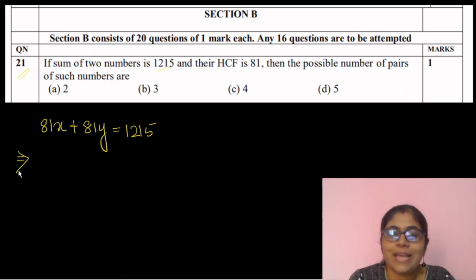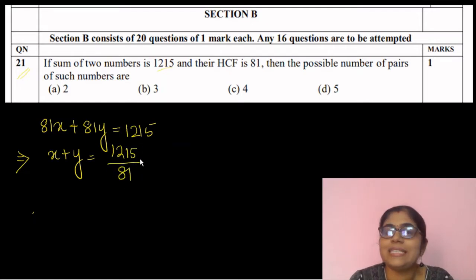So this implies that x plus y is equal to 1215 by 81. Let's divide this. I think it is divisible by 9. 81 ones are 81, then 405, so 81 fives are 405. So the answer is 15.